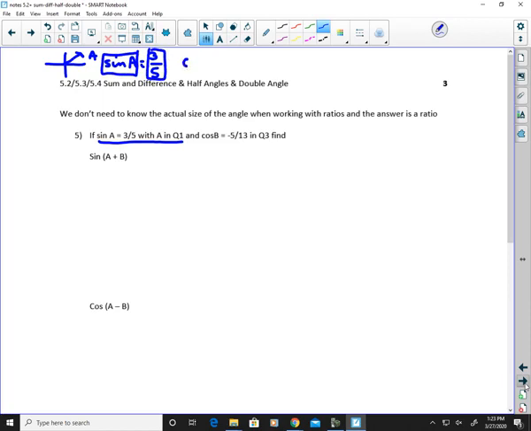But we could also find cosine of A, because we know that 3 squared plus x squared will equal 5 squared. And after solving that, x is equal to 4. So cosine A is 4 over 5. It's positive because I'm in quadrant 1. Tangent A is 3 over 4. So that's all the information that I have for A.